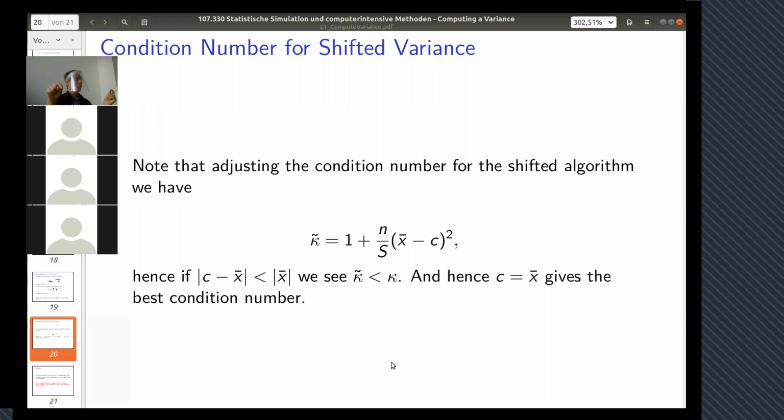Try to show this with simulations that this actually holds true. The best I can get in conditioning will be the result when the shifting is the shifting by the mean. And try to find a mathematical argument. If you're from the statistics mathematics direction, try to find the according mathematical argument why this has to be true.